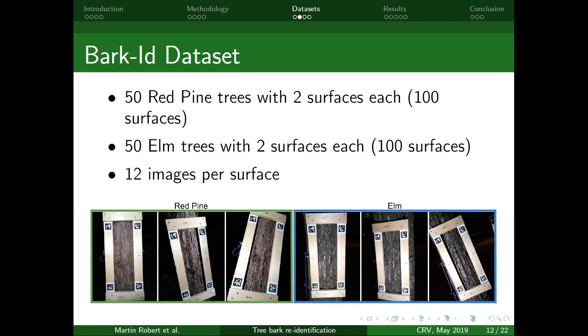In the figure below, we can see actual bark images taken from the Bark ID dataset. You can also see our wooden frame with its fiducial markers. These markers not only allow us to easily crop the image, but also to infer the camera plane transformation between two images, which is essential for a bark-aligned dataset shown later.